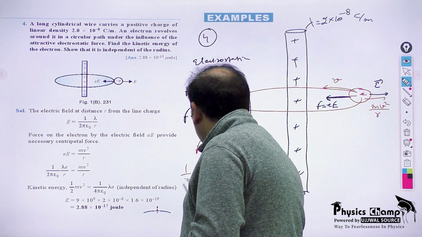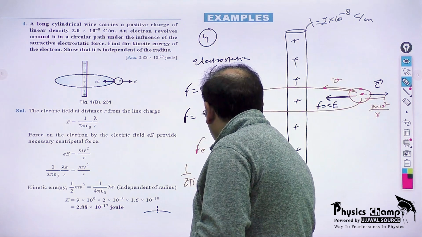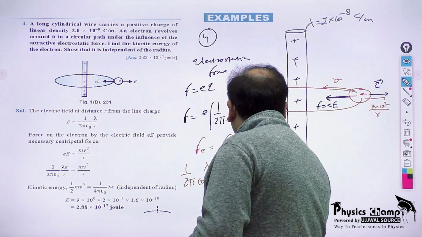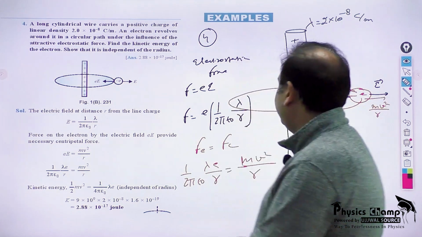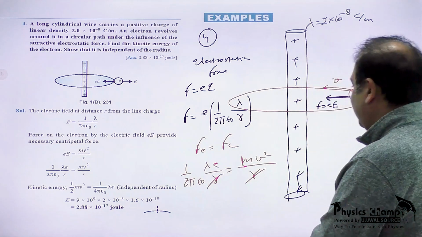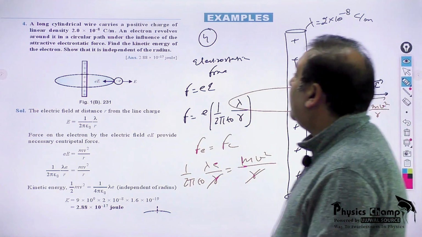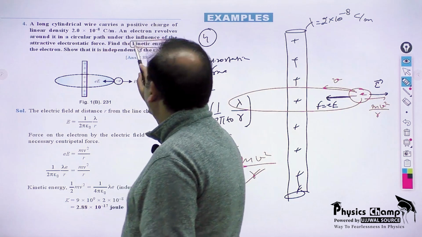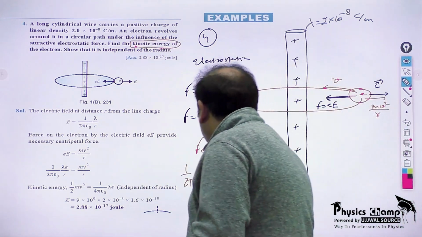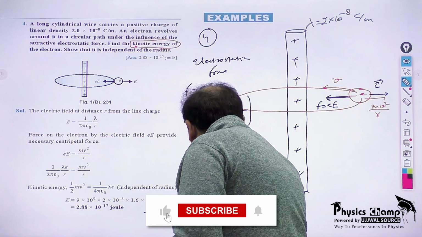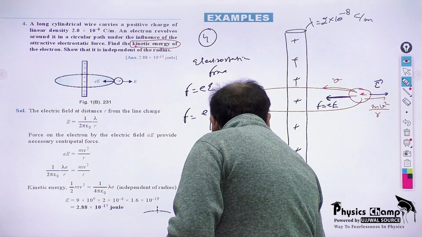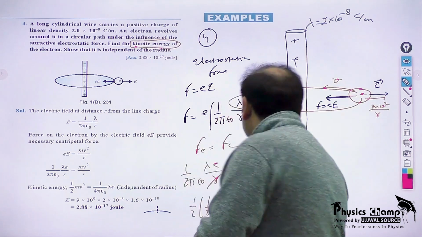So we can say 1 by 2 pi epsilon naught lambda e by R is equal to mv square by R. R gets cancelled, independent of radius, but we are interested in finding the kinetic energy of the electron. So for kinetic energy I should write 1 by 2 of 1 by 2 pi epsilon naught lambda e, which is equal to half mv square, which will be the kinetic energy.